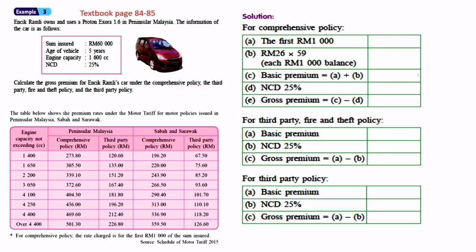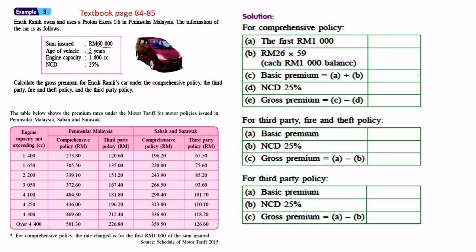Encik Ramli owns and uses a Proton Azora 1.6 in Peninsular Malaysia. The information of the car is as follows. Sum insured 60,000. Age of vehicle 5 years.